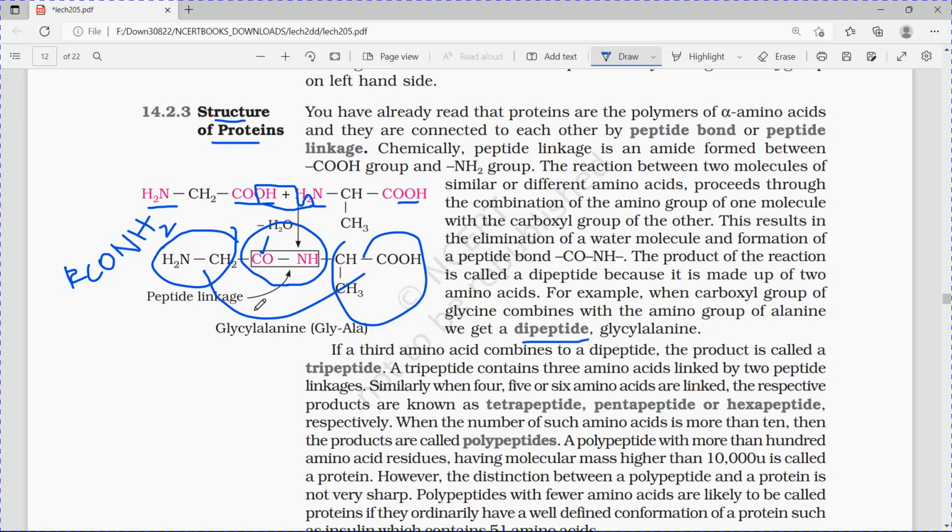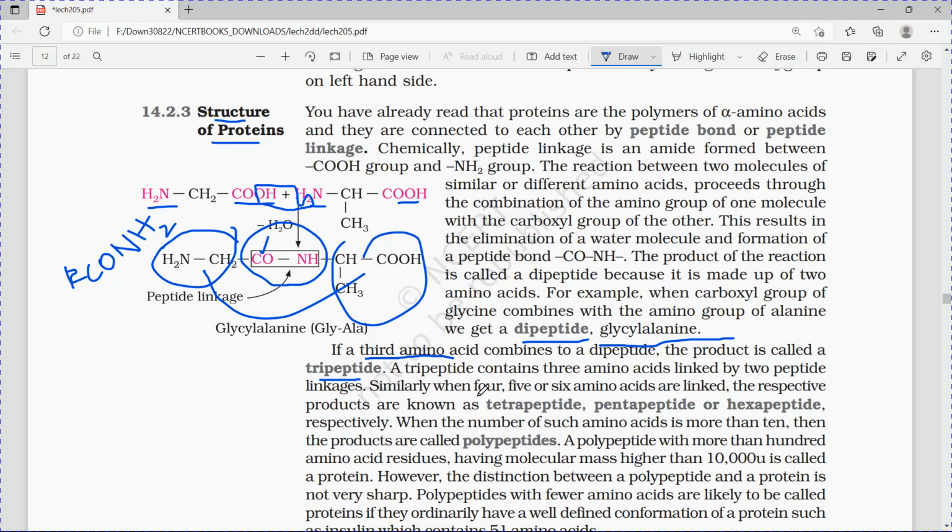And here it is called glycylalanine, right? And if one more amino acid is involved, if the third amino acid combines, it is called a tripeptide. If one more, the fourth amino acid, it is a tetrapeptide, right?